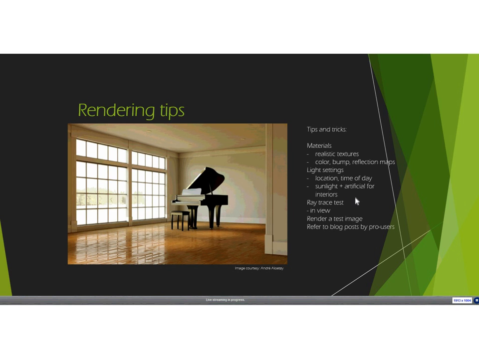Do a test in your Revit model, like turning on the realistic mode, and make sure that the scale of your materials is correct, and that the way you've set your sun, you have enough light coming inside your space. Check that in Revit first before you render. And then always render a test image. Don't directly render a final. Render a test image, see if you like it, and then render a final image.